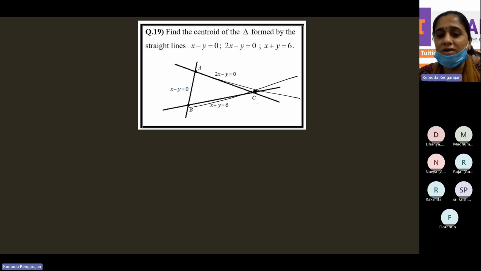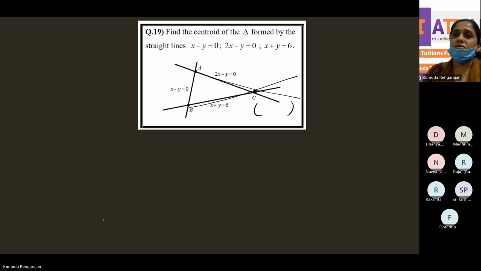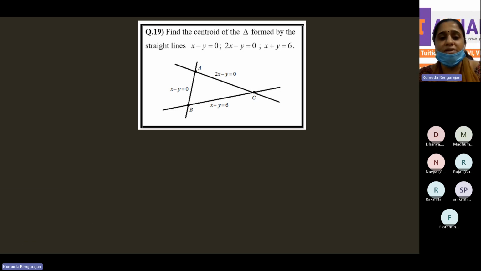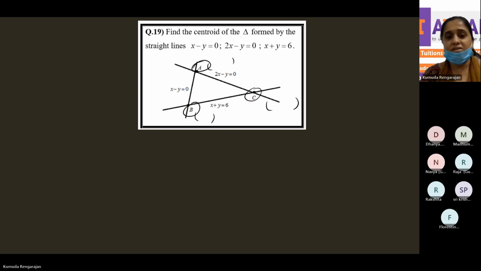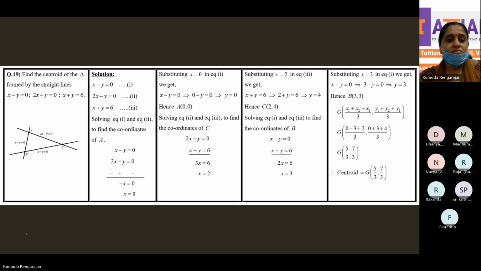So that answer for x and y will be the coordinates of C. Like this, you must solve the equations and find the coordinates of the vertices A, B, and C. That's what you see here. I've solved the equations.